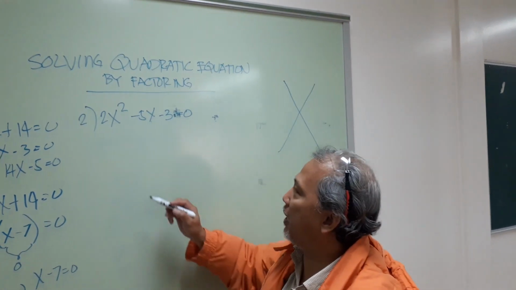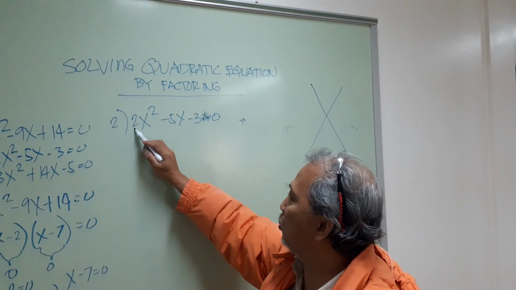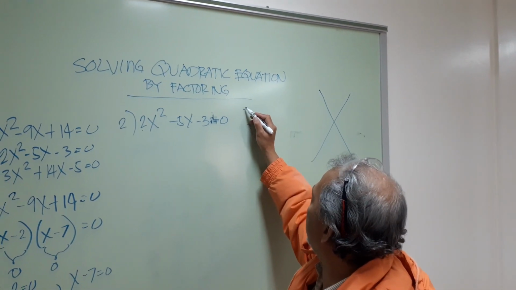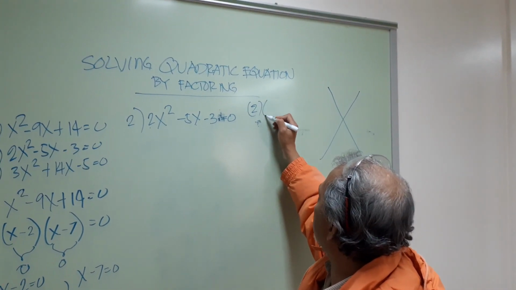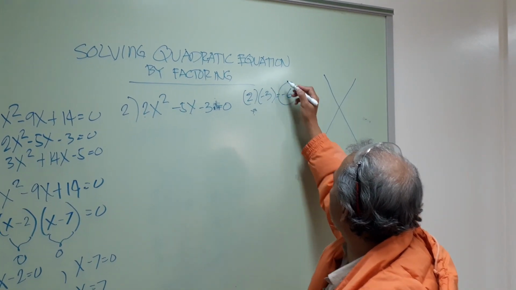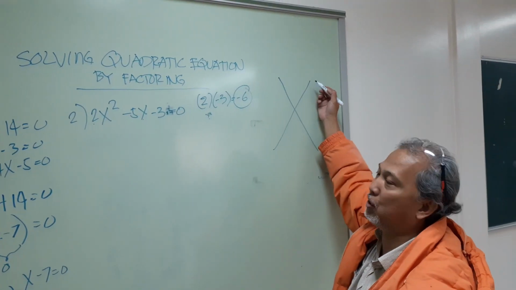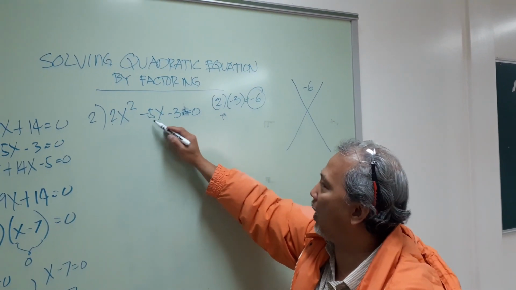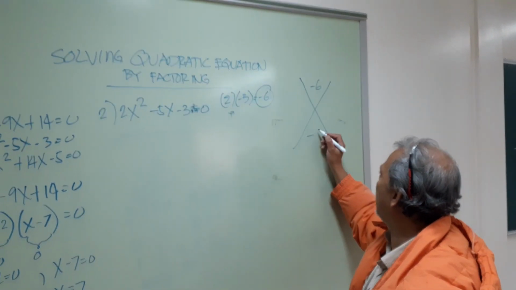Let's multiply our first coefficient 2 to our constant negative 3. So 2 times negative 3 is equal to negative 6. Put this negative 6 at the topmost of your X, and the second coefficient, negative 5, at the bottom of your X.